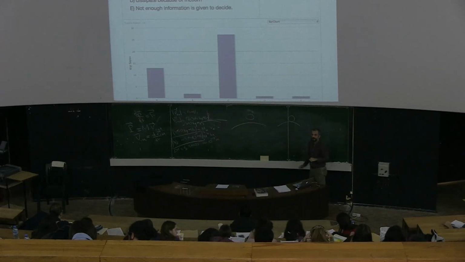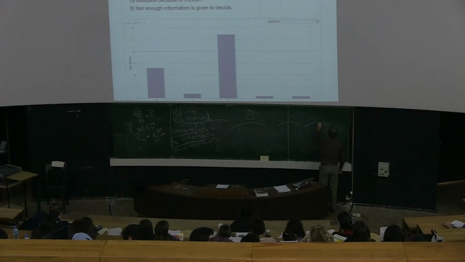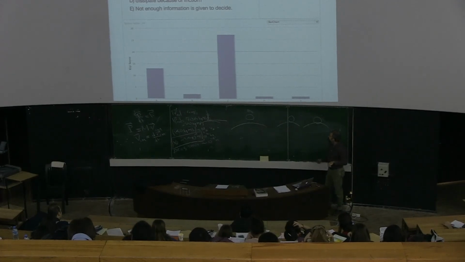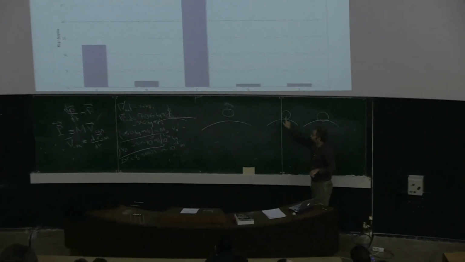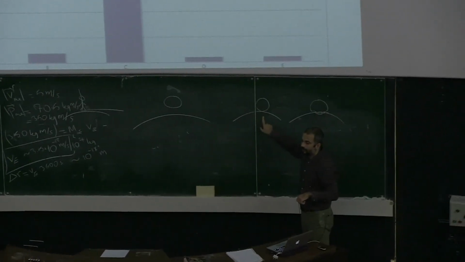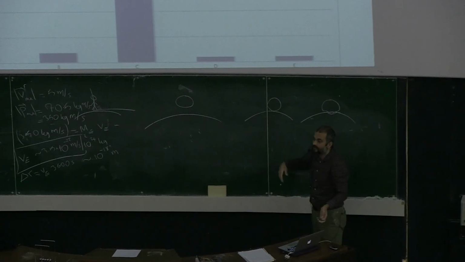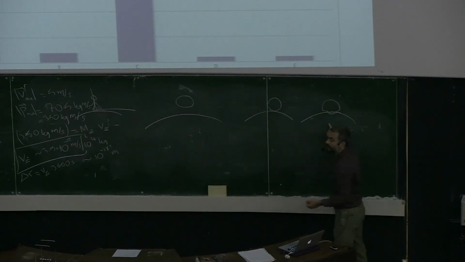Well, things are elastic after this point. Okay, if this is the initial surface of the Earth, now the surface will be deformed to have such a shape, and this will be the shape of me or the ball. So during this process, there are forces acting on the system. There will be a force acting on me due to Earth, and so there will be a reaction force acting on Earth. So again, the changes in the forces will be the same. The changes in the momentum will be the same.